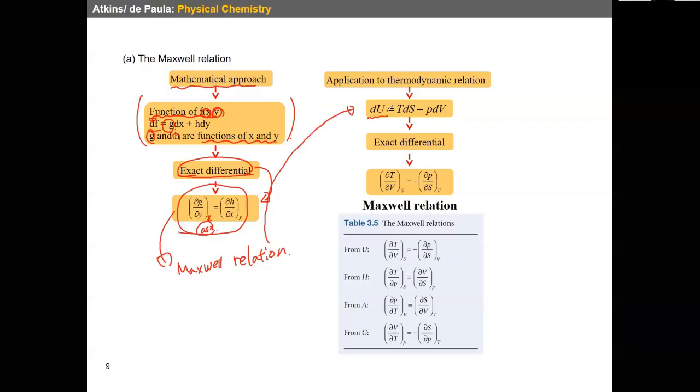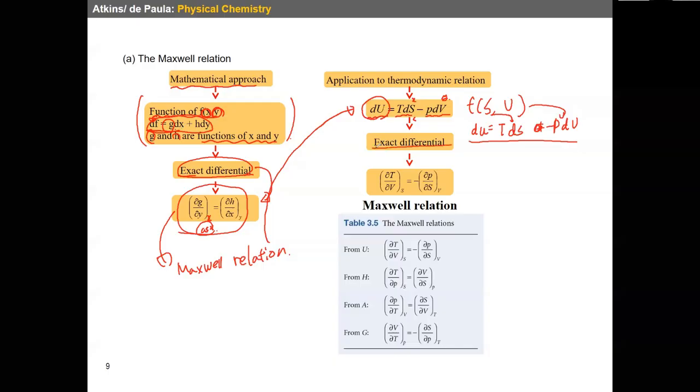We have the combination of the first and second law, dU equals T dS minus P dV. You can see this has the same form, df equals g dx plus h dy, with T dS as one term and minus P dV as the other.